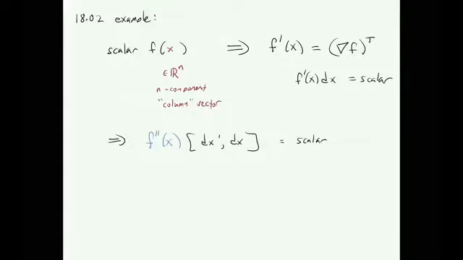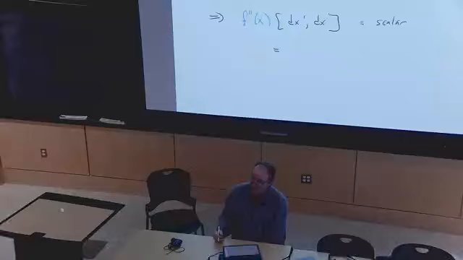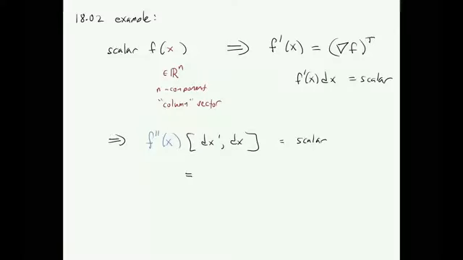And it turns out there's only one way to write down an operation that takes in two column vectors and outputs a scalar and is linear in both of the vectors. And that is to put a matrix here and put a dx here and a dx prime transpose over there.